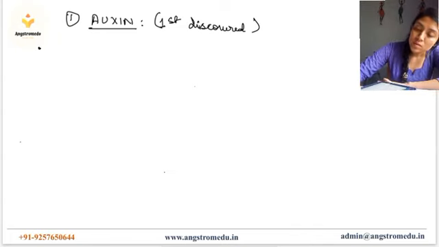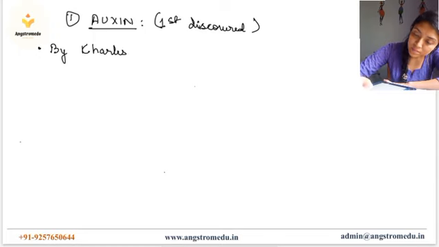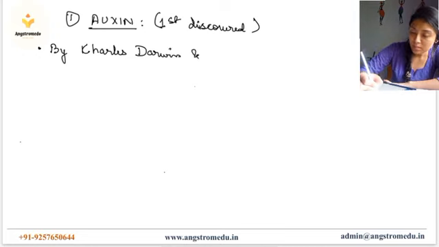Who discovered auxin? It was discovered by Charles Darwin and his son Francis. Charles Darwin and Francis Darwin.